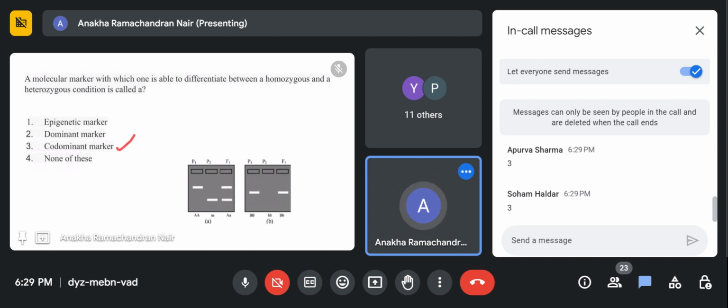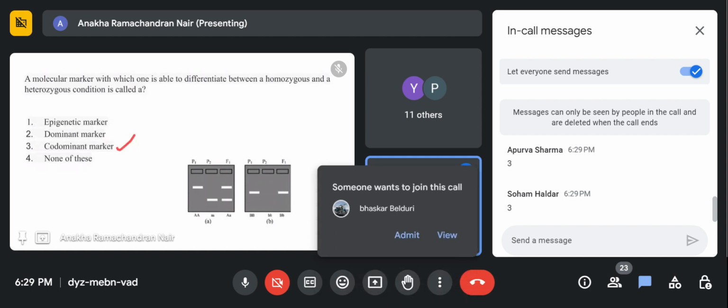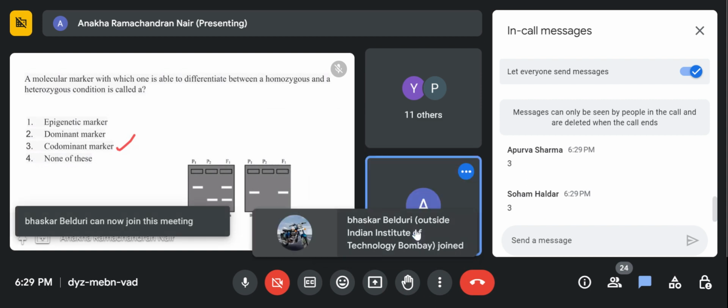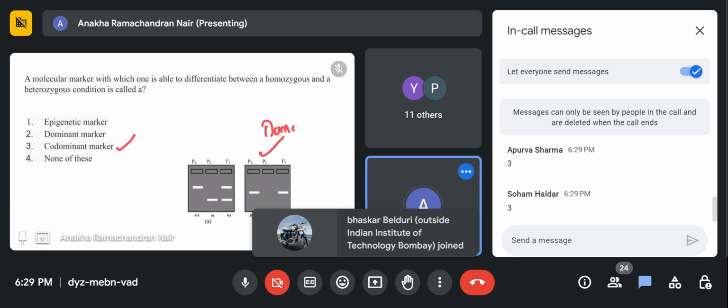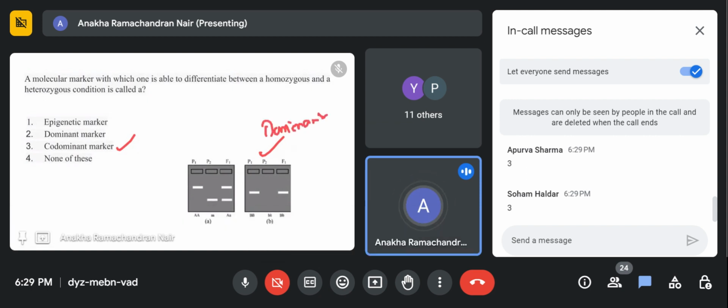So what you see here is a gel in which a dominant marker is used, and this is a gel where a codominant marker is used. All right. So with the dominant marker, only where the organism has the dominant gene, which is in this case capital B, is it present. Can you see that? All right.